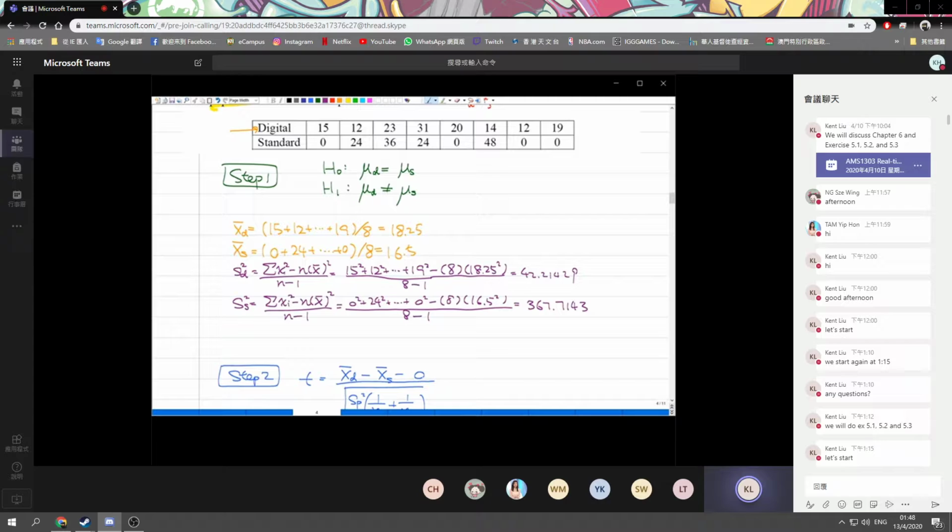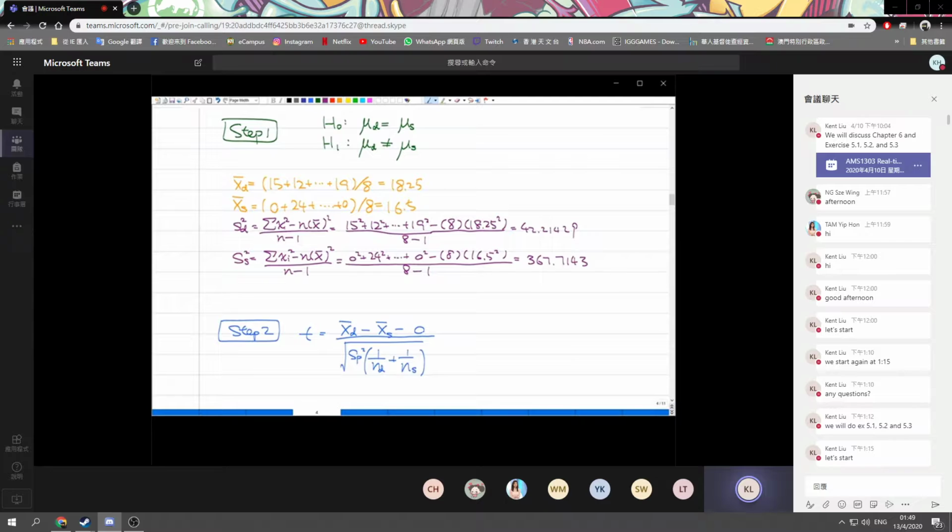Quite large, right? You will almost believe you made an incorrect calculation, but if you look at the data, you don't have to worry too much because you have many zeros and some large values, and in fact this is a correct calculation.